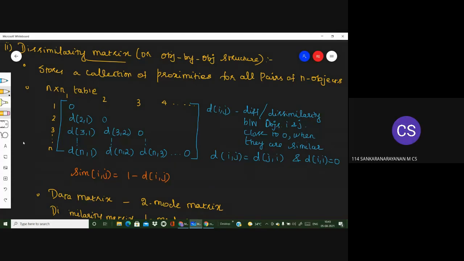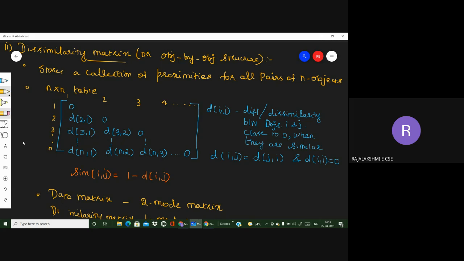It will be similar. Similar. Therefore the dissimilarity value is 0. Will you agree? You see the intersecting point of 1 comma 1 of the row and the column, the value is 0. What does it mean? அப்படின்னா என்ன அர்த்தம்? ஒரு டேட்டாவை அதே டேட்டாவோட கம்பேர் பண்ணும்போது அது கண்டிப்பா சிமிலரா தான் இருக்கும், டிசிமிலாரிட்டி இருக்காது. அப்ப அதனோட வேல்யூ இஸ் 0.